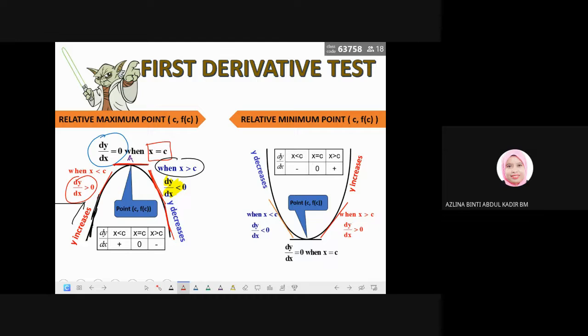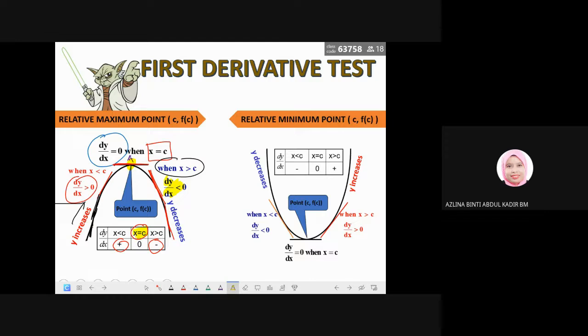So the change from positive to negative occurs at a maximum point at x equals c. So here at point A, we get the maximum point.